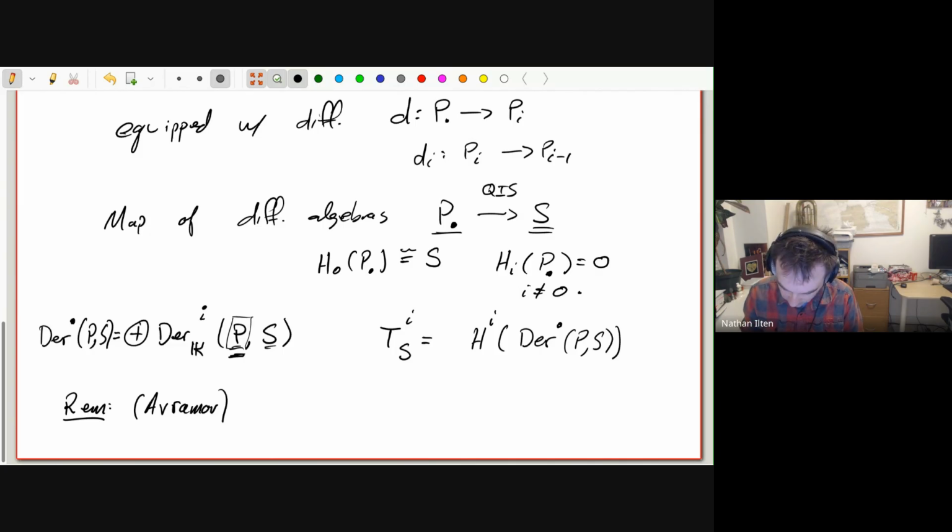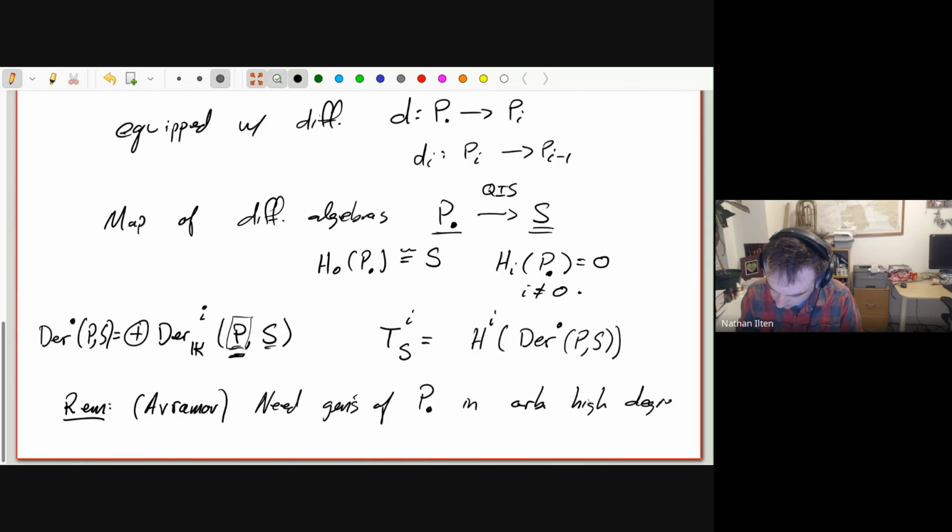So let me write that down. Avramov says that you need generators of this Koszul-Tate resolution in arbitrarily high degrees, unless S is locally a complete intersection algebra.